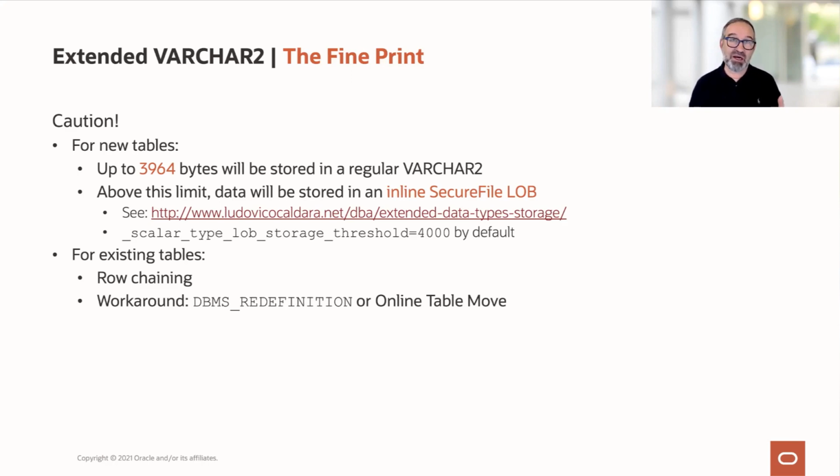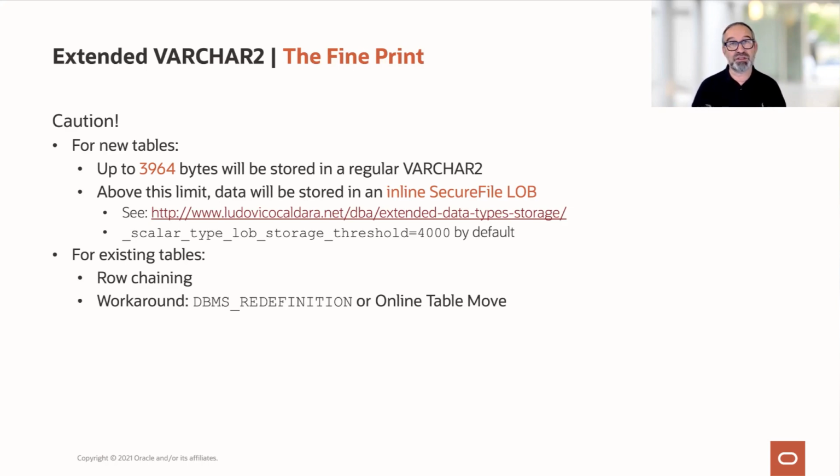If you do this now for an existing table, so you adjust with an ALTER TABLE statement the column length, from, let's say it was a VARCHAR2(4000), and now you extend it to VARCHAR2(9000), it is very important to understand what happens here, because it won't migrate into an inline SecureFile LOB at this point.